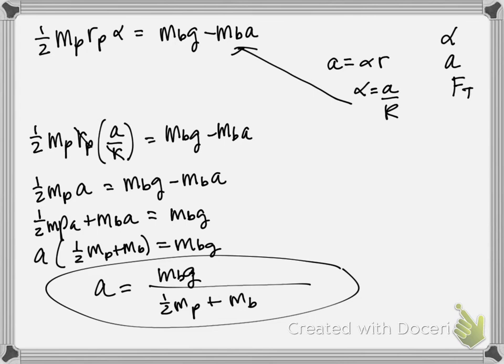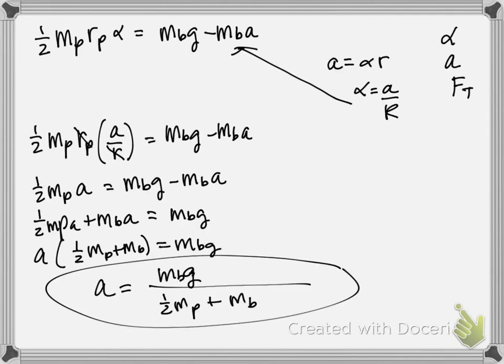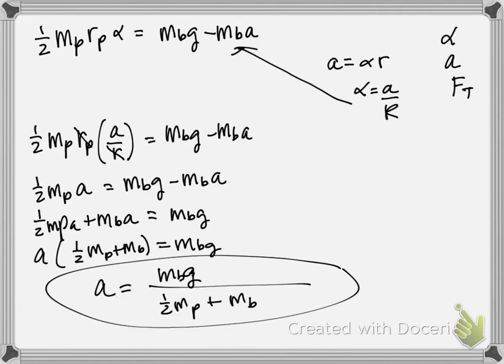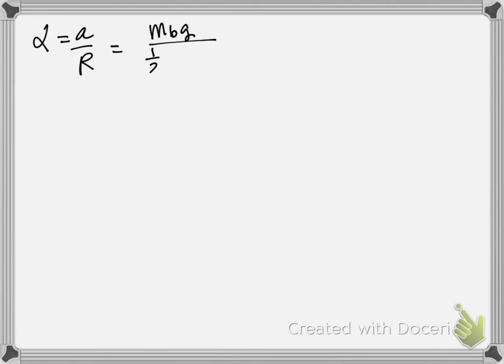Now, once we have A, acceleration is pretty easy. It's just A over R. So what was my expression for acceleration? The mass of the block times G, all over 1/2 mass of the pulley plus the mass of the block.